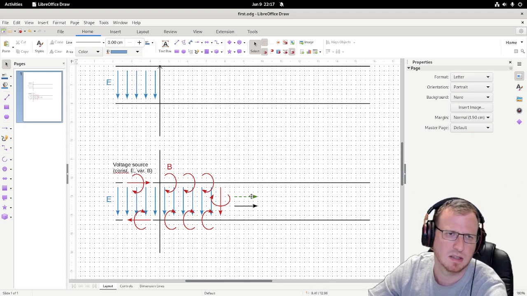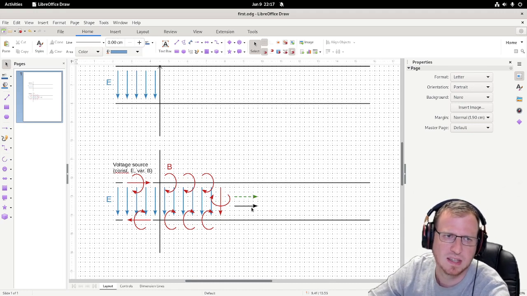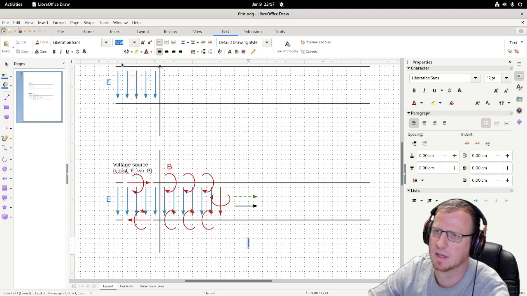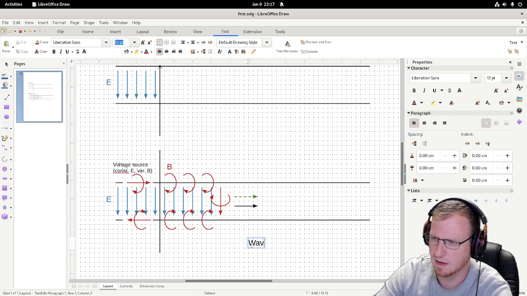This is the Poynting vector. This is the direction of the energy flow. This is the direction of the wave.